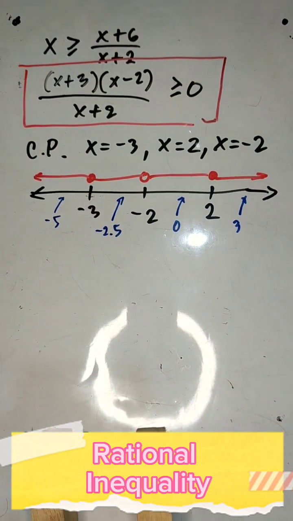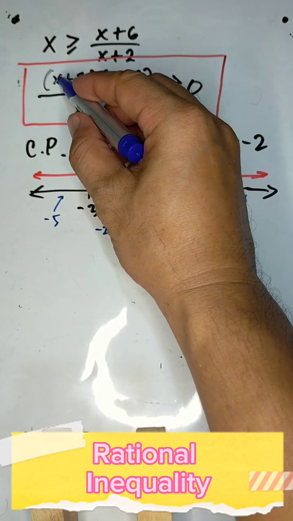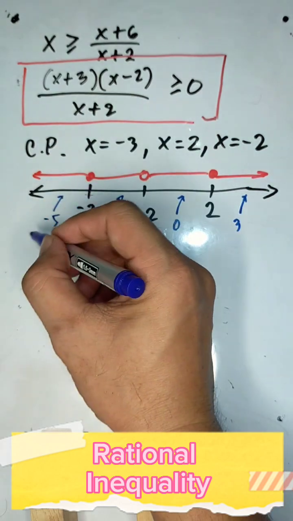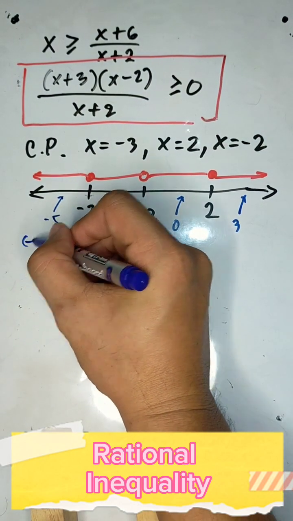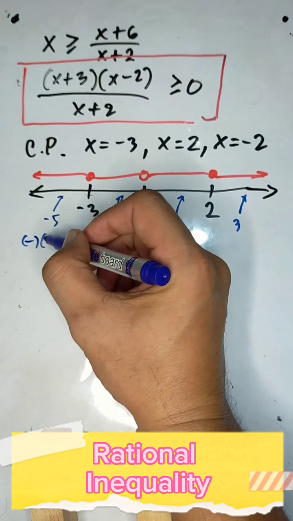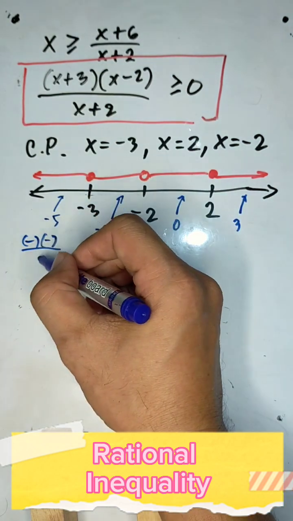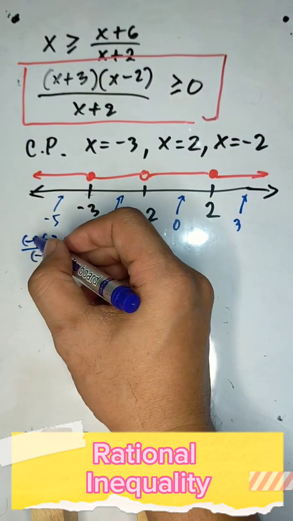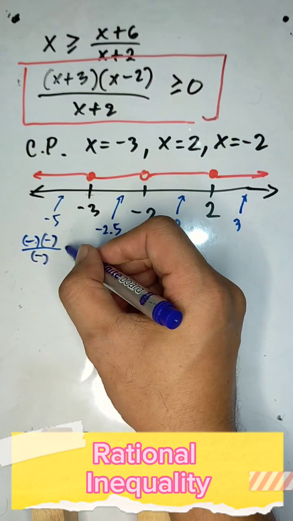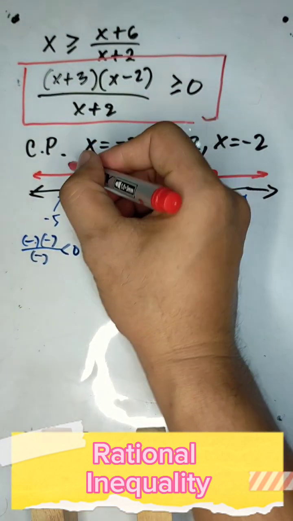Okay, so let's take this one here, negative 5. That's negative 5 plus 3, that's negative 2. So the first factor is negative. Negative 5 minus 2 gives us negative 7, that's negative. Negative 5 plus 2 gives us negative. So negative times negative is positive, divided by negative, that gives us negative. And this is false here.